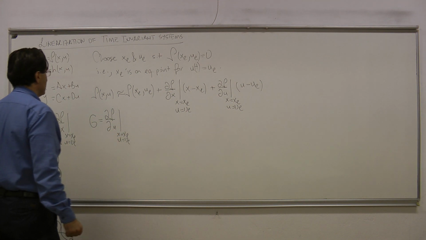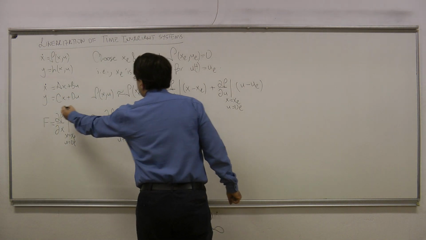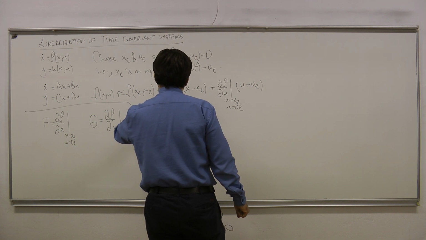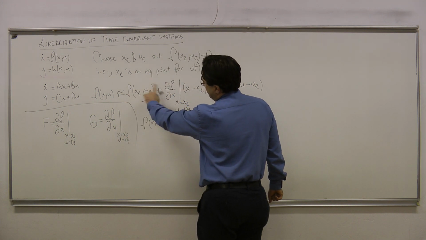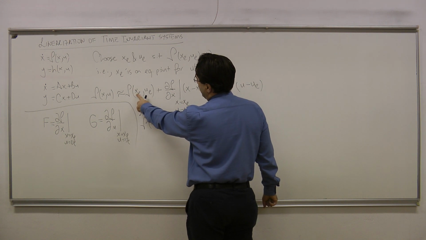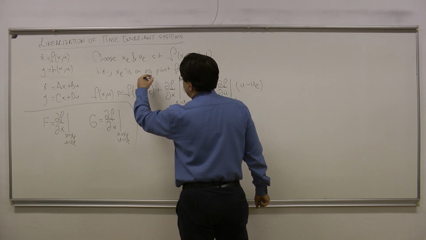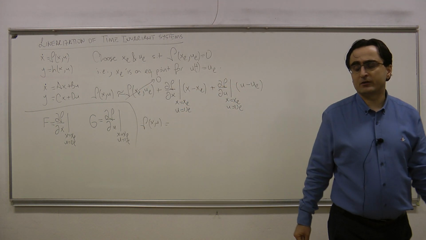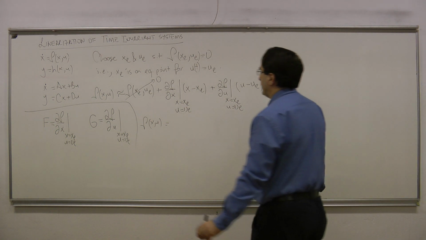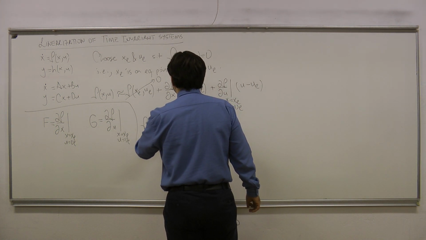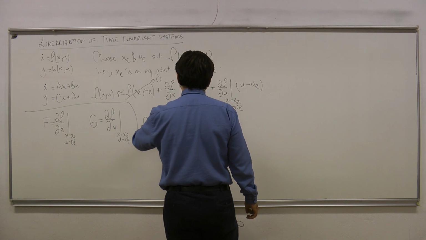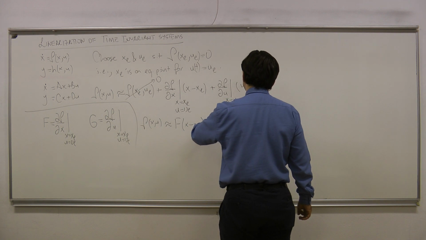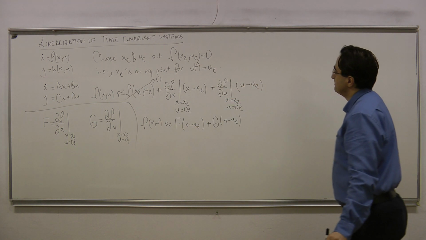Now I can write this approximation as f of x, u. We know that the zeroth order term is equal to 0 because we have chosen xe and ue such that they constitute an equilibrium point for the time-invariant system. That means that that term is 0. So f of x, u is approximately given to us as F times x minus xe plus G times u minus ue.